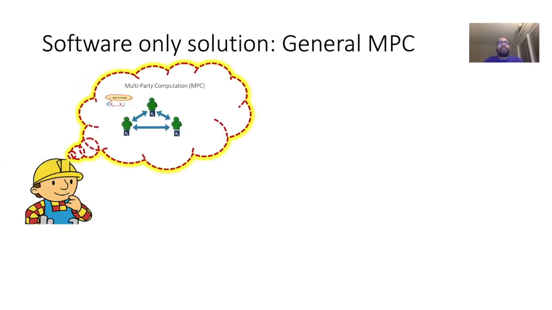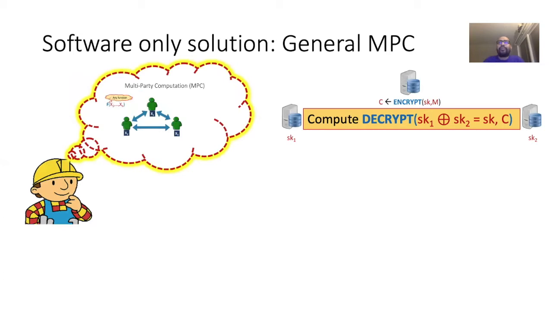So basically, we are looking for software-only solutions, but without any reconstruction of the secret key. The first thing that comes into a cryptographer's mind is to use techniques like general multi-party computation, where you can think of the servers storing the shares of the secret key, SK1 and SK2, and then they interact to compute the following function: decrypt on the XOR of SK1 and SK2, and then output the decrypted value.